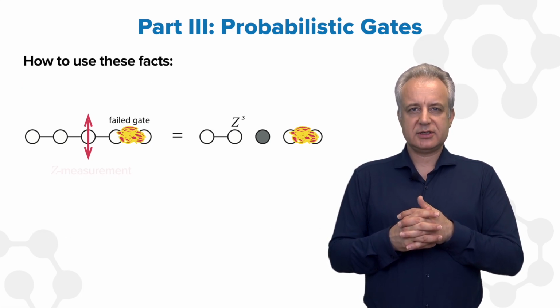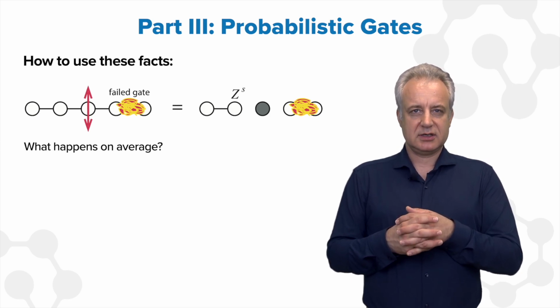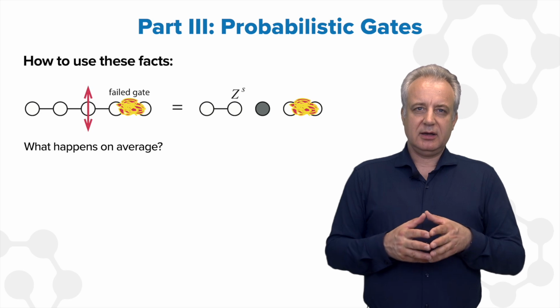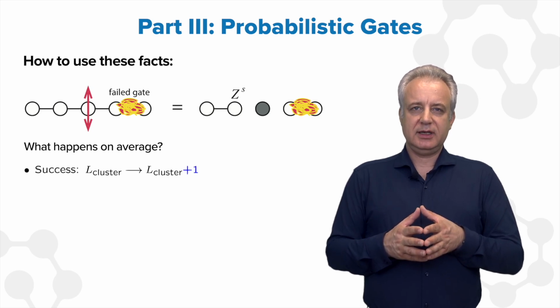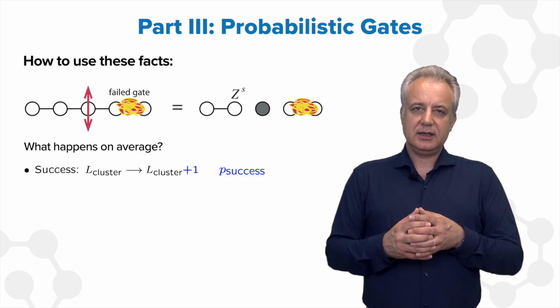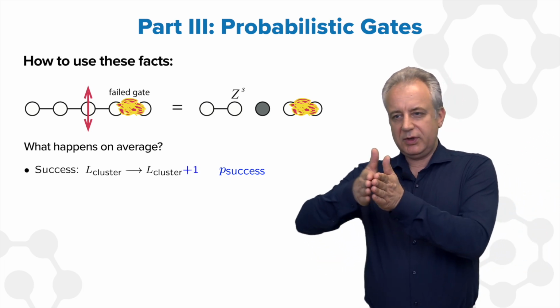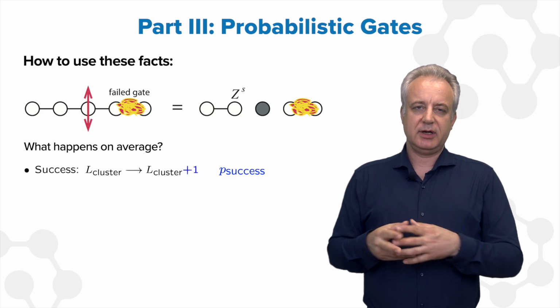Now it's just a matter of probability to work out what happens on average. Say our success probability for making the gate is P. Then with probability P, we are extending the cluster state by 1.